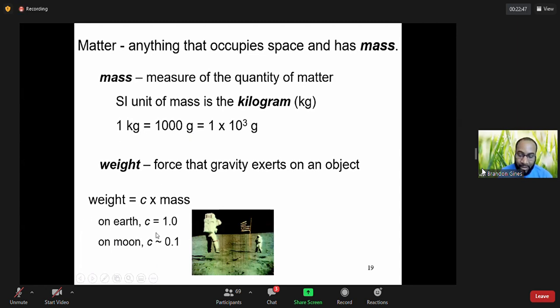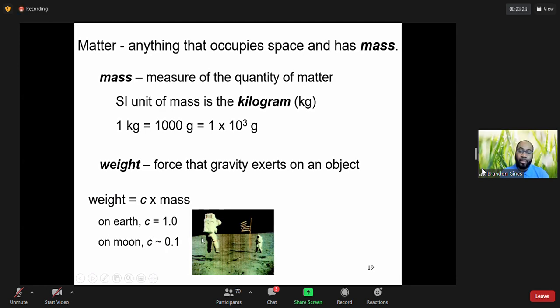Let's say you go to the moon, where there's less gravity. You've probably seen pictures of astronauts leaping, or kind of floating a little bit on the moon, right? So their weight on the moon is obviously less. In fact, you weigh 10 times less on the moon than you do on Earth.